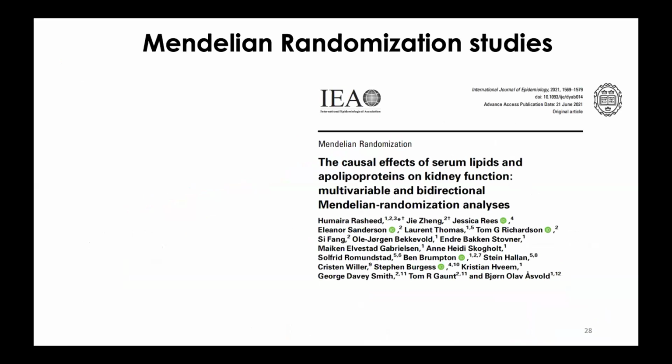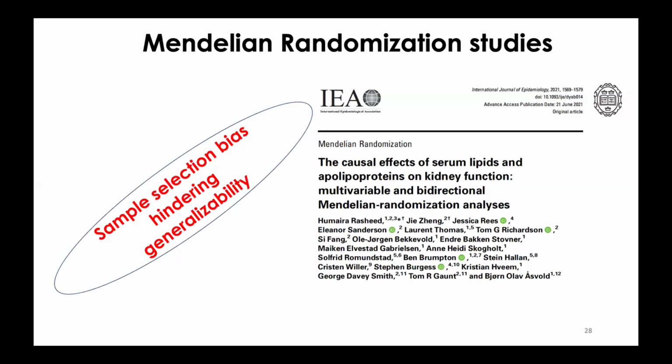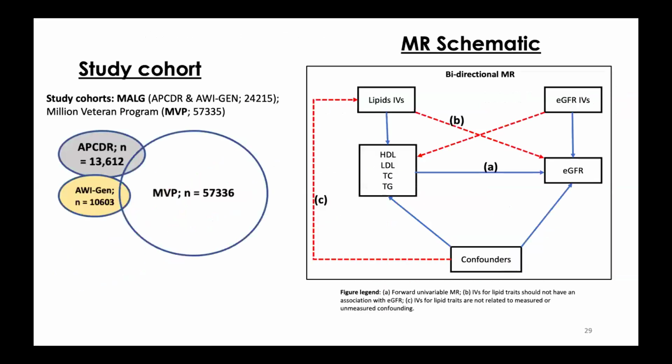So like this study, which also looked at the causal effects of serum lipids on kidney function, and it was multivariable and bidirectional, but it was hugely European. So we still have the sample selection bias problem, even in downstream studies.